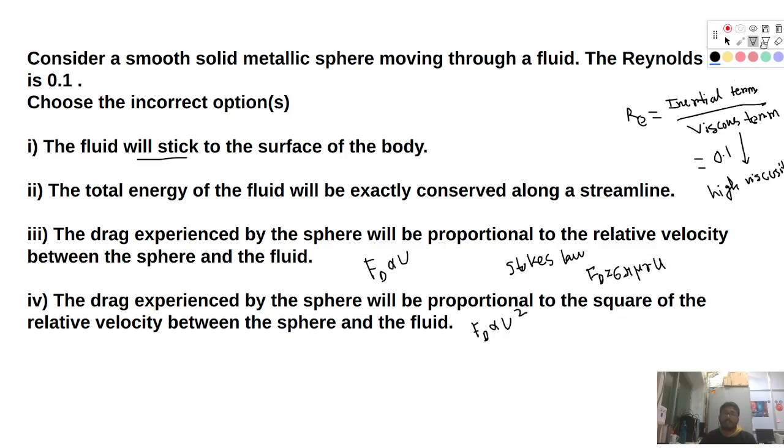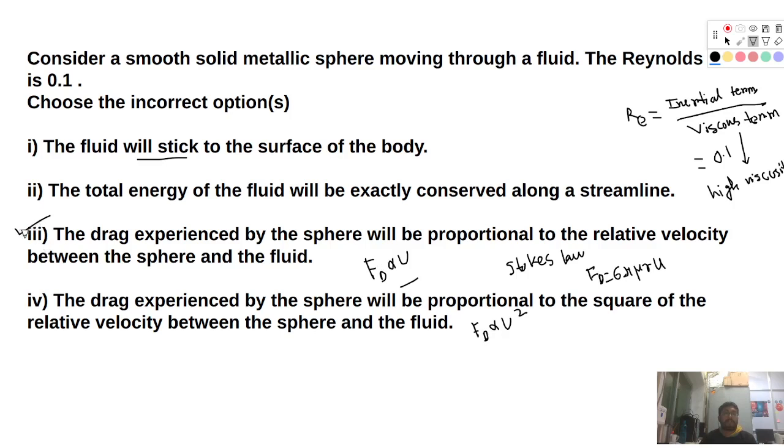So this is your force for the low Reynolds number fluid. In this you see this Fd is proportional to u, right? So this might be a correct answer, is not it?